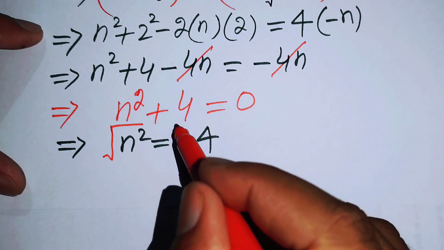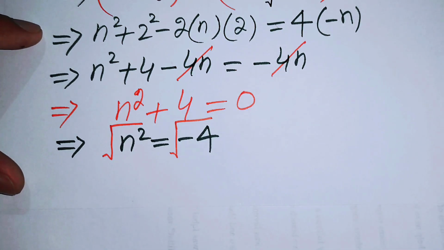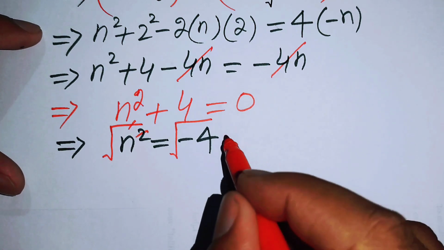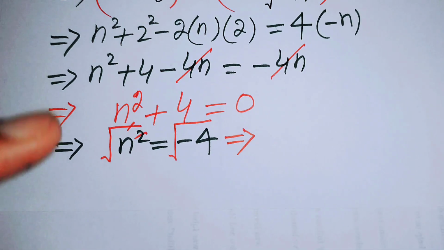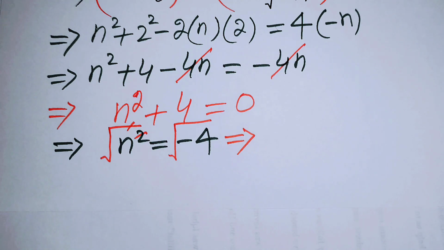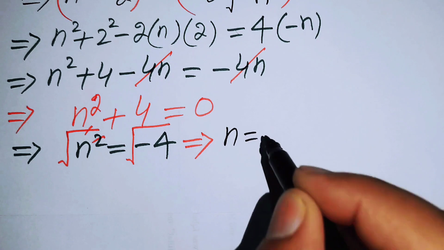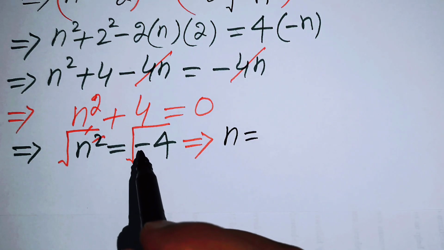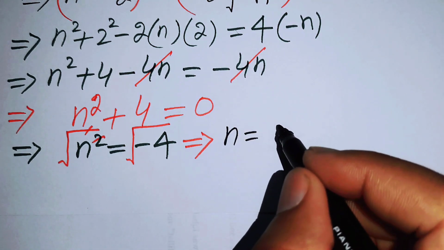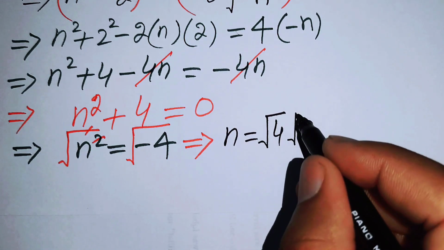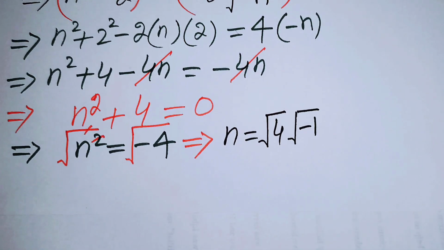So n = ±√(−4), and I can separate this as √4 and √(−1).